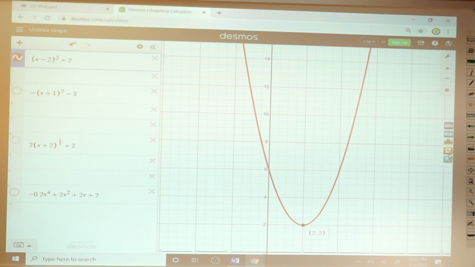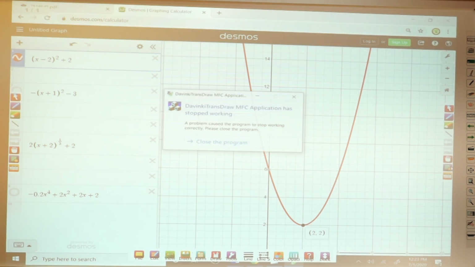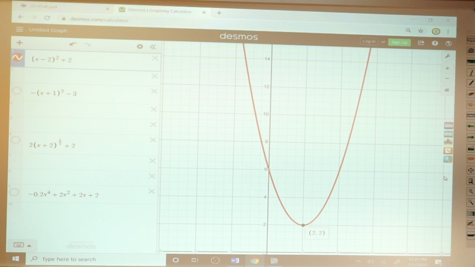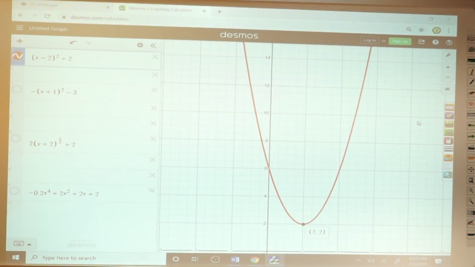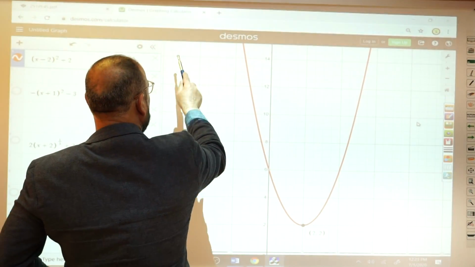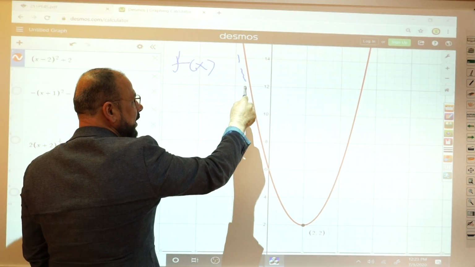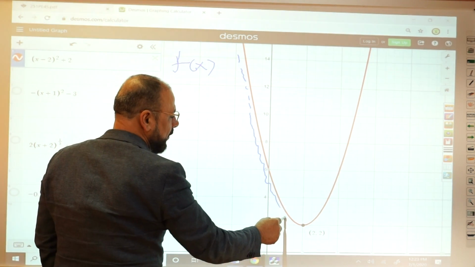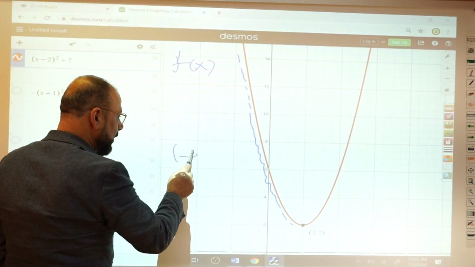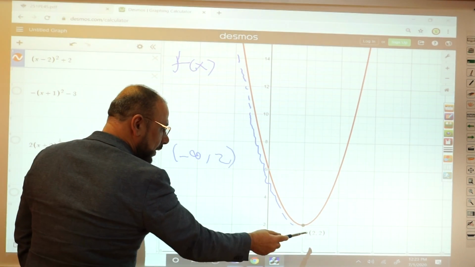Now let me show you what I mean. This is the function f of x. If they give you this graph of the function f of x, the function is going down here, decreasing, negative, from negative infinity to 2.